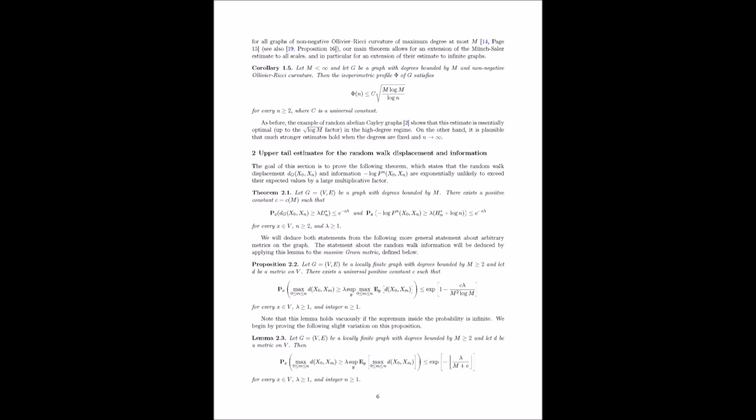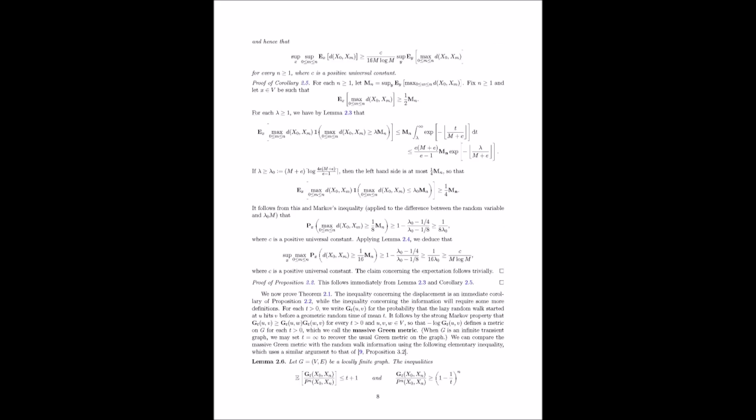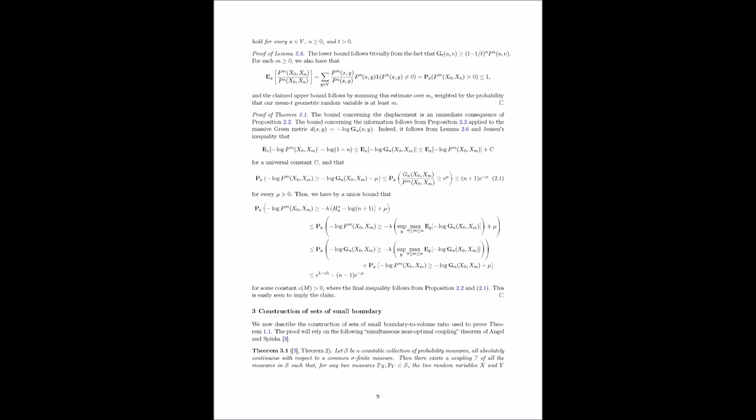So it's like saying if two vertices are likely to be visited by the same representative random walk, then they belong to the same equivalence class. That's a great way to think about it. And these equivalence classes, defined by this relation, are precisely the sets we are interested in, the sets with small boundary to volume ratios.